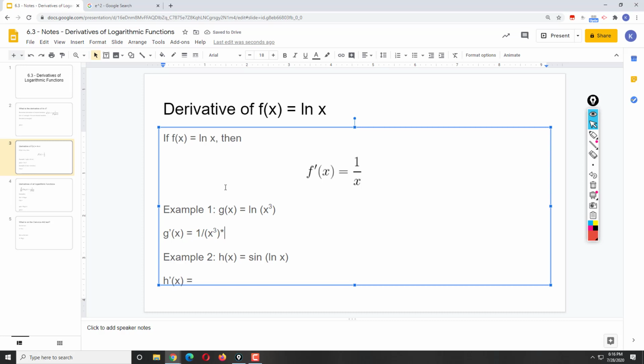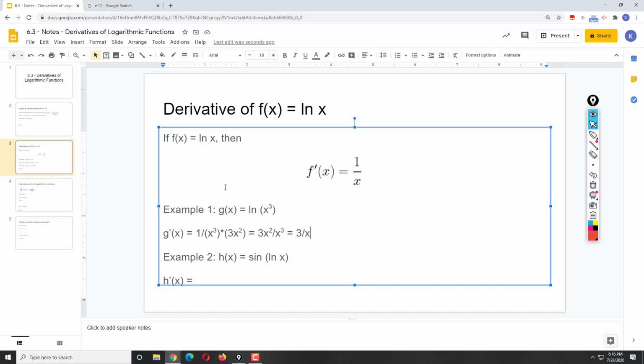The derivative of x cubed is 3x squared. So times 3x squared. In other words, the derivative is going to be 3x squared divided by x cubed, which we can simplify further, is really just 3 over x.